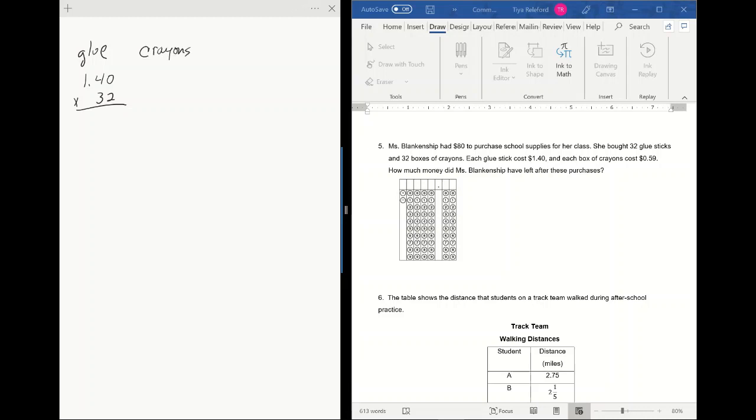So you have to multiply 140 times 32 and 59 cents times 32. So if you need to, you should pause, do that.